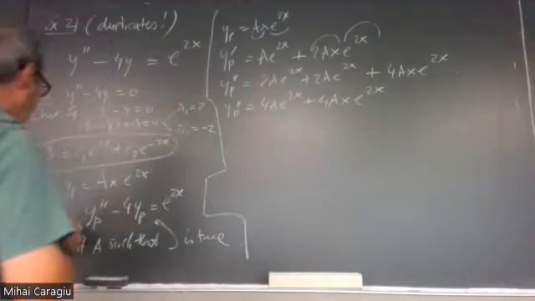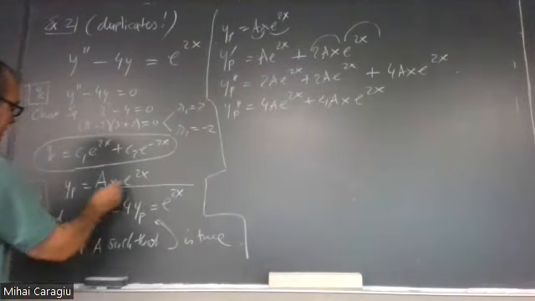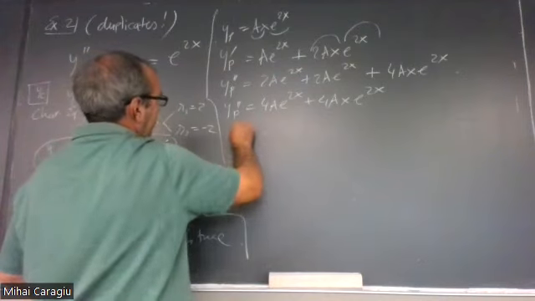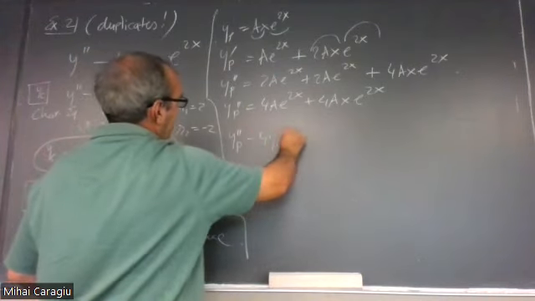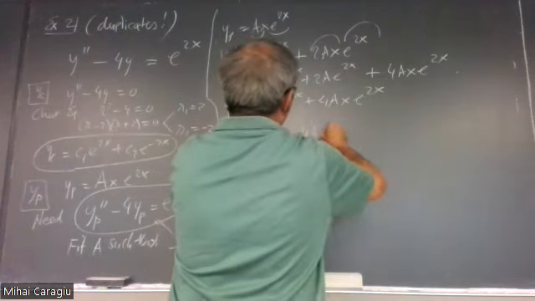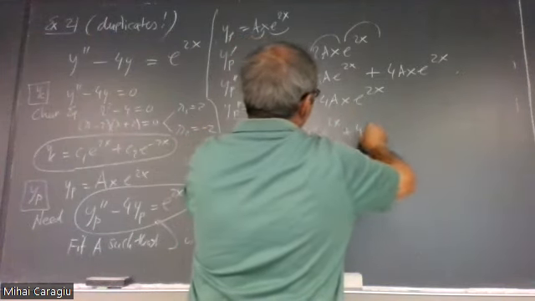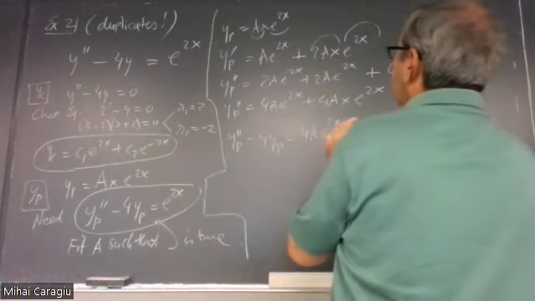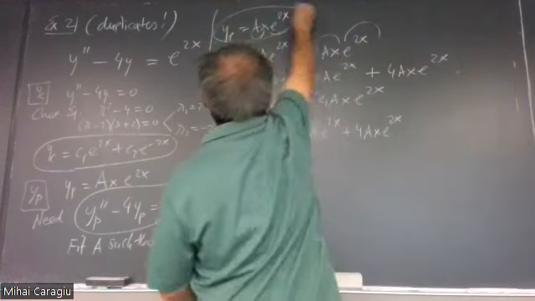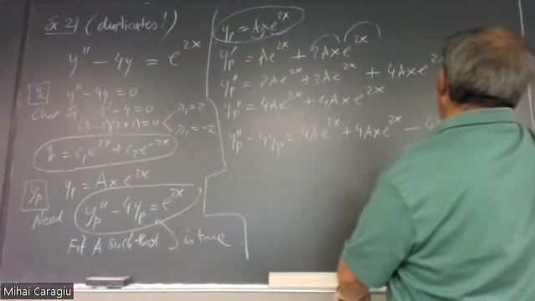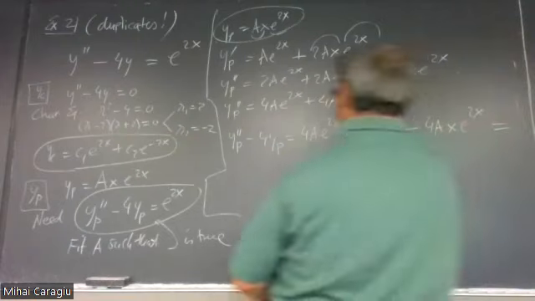So that's yp prime, yp second. So what do we need? We need yp second minus 4yp equals e to the power 2x. So what will be yp second minus 4yp? Yp second is this one, 4a e to the power 2x plus 4ax e to the power 2x, minus 4yp, minus 4ax e to the power 2x. You can simplify this.